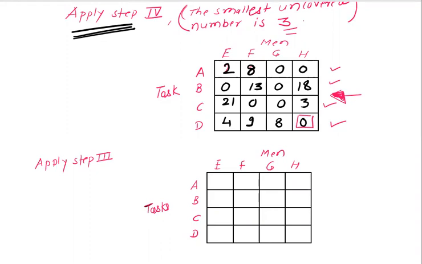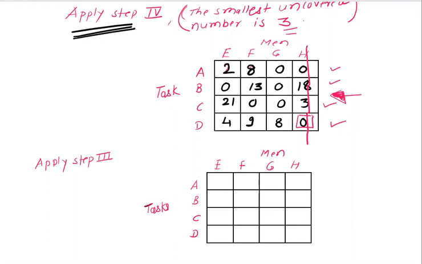While we make an assignment in a row, we have to cross that column. So we have made an assignment in row number 3.